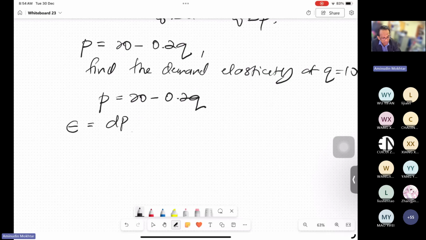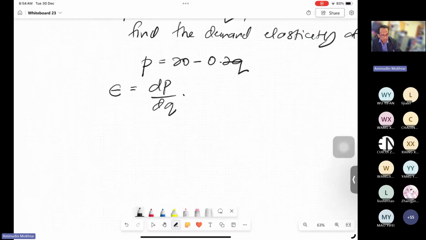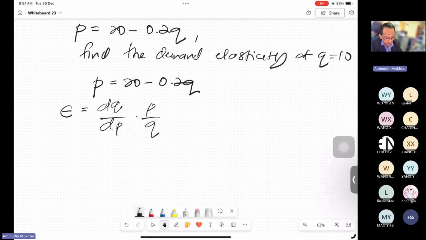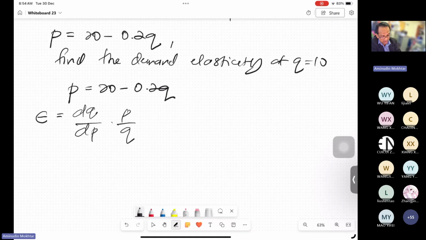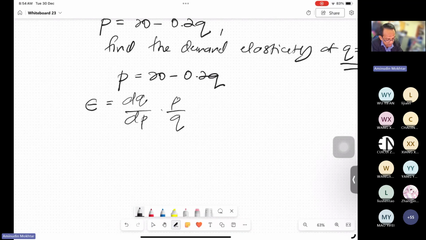E equals dQ/dP times P over Q. The question is, we would like to find the demand elasticity at Q equals 10. For this case, we need to find first the dQ/dP and P over Q.